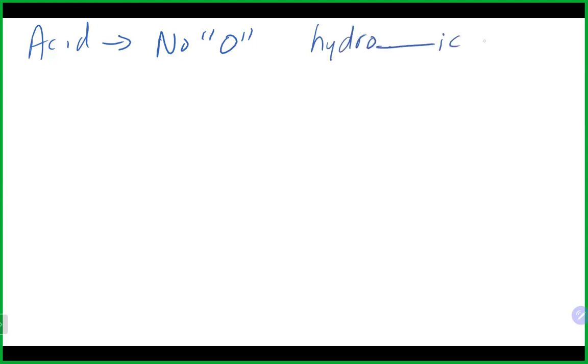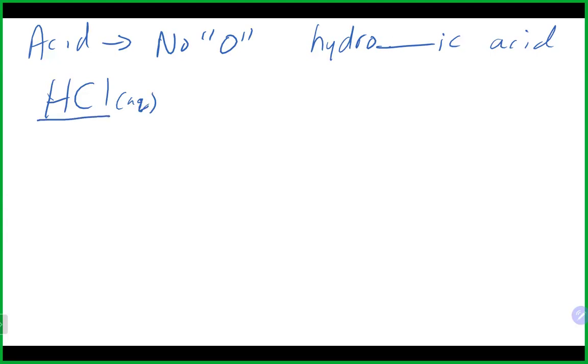So let's talk about how we do that. If your acid has no oxygen, you pretty much just roll with this formula here. You start with hydro, something, ic acid. So for example, if I have HCl in the aqueous form, there is no oxygen here.